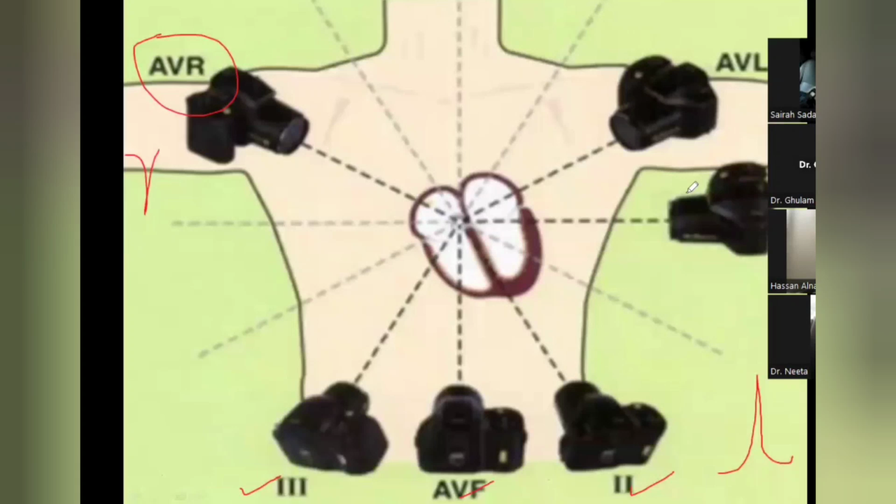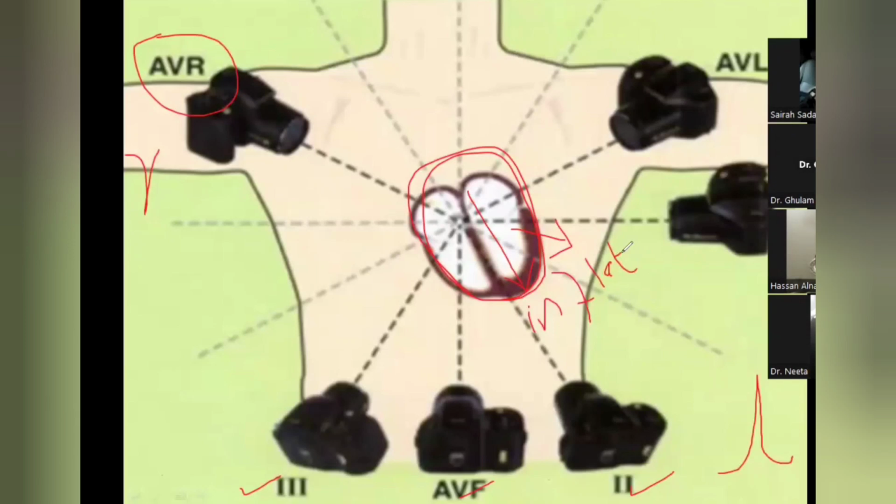For those who still couldn't understand it, let me explain. As I have mentioned earlier, the anatomical orientation or anatomical axis of the heart is downwards and left. That is also known as inferolateral.